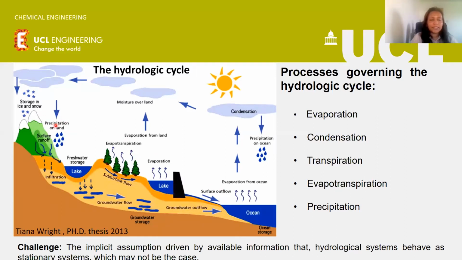It can precipitate on land, and you can have the surface flow of water. On the other hand, a fraction of it may infiltrate. Besides, you can have water that is trapped or held in the different water bodies on the surface.